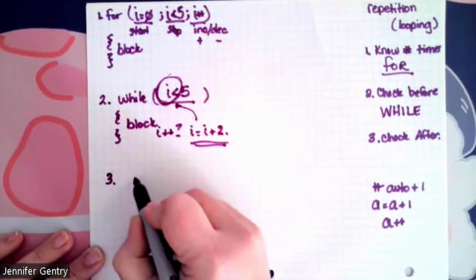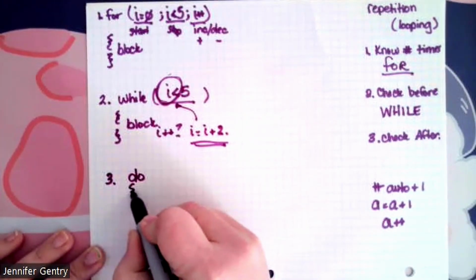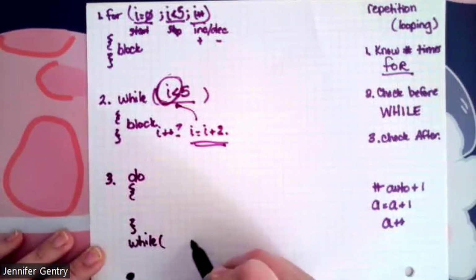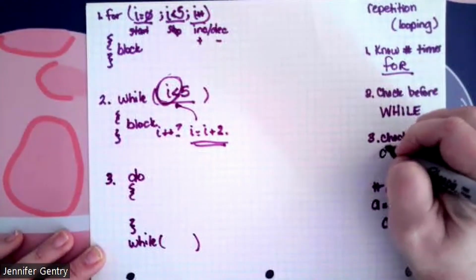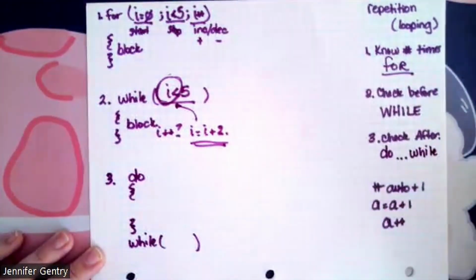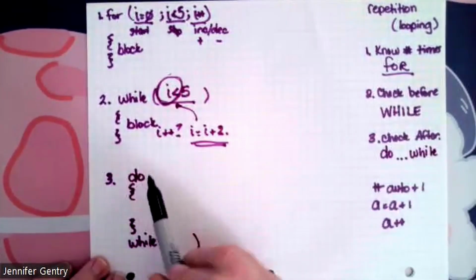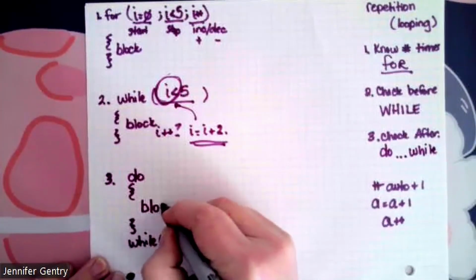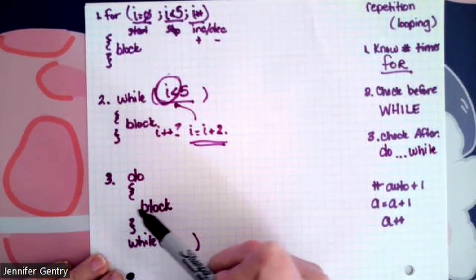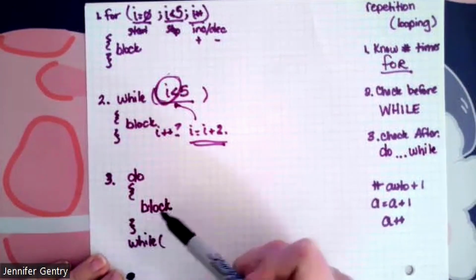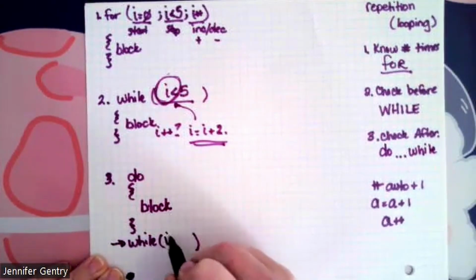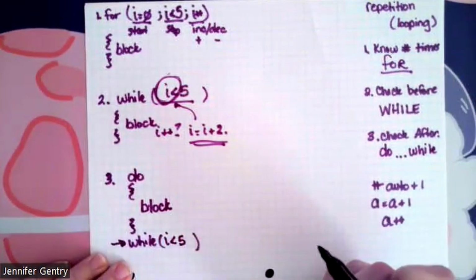And then number 3, we have something called a do while. Okay, so that's a do while. Here you're actually going to go past your do, go into your block, execute your block 1 time, and then check your condition. Okay?